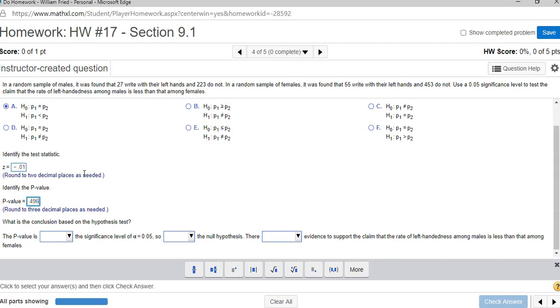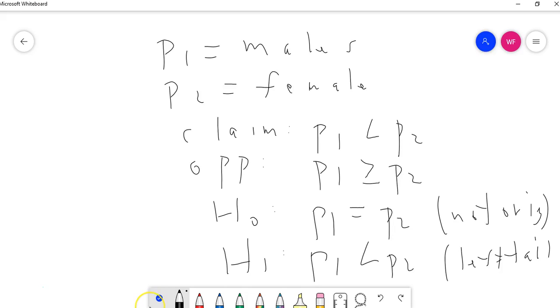So the thing is that the p-value is greater than alpha, so we fail to reject, and H null was, I think it was not from the original. Let's see, not from the original, fail to reject, not from the original claim.